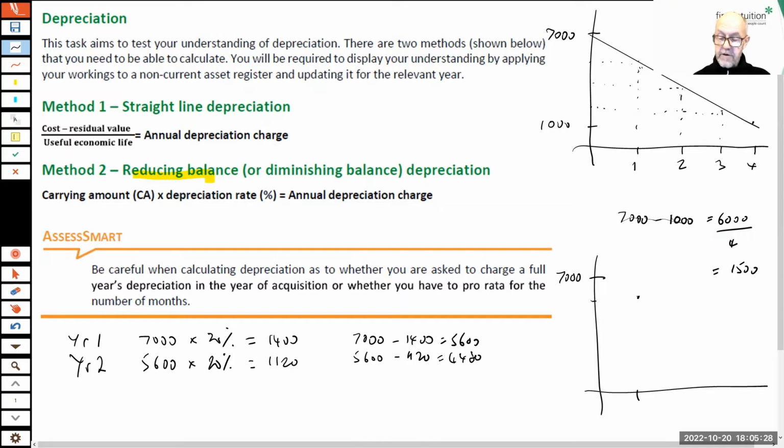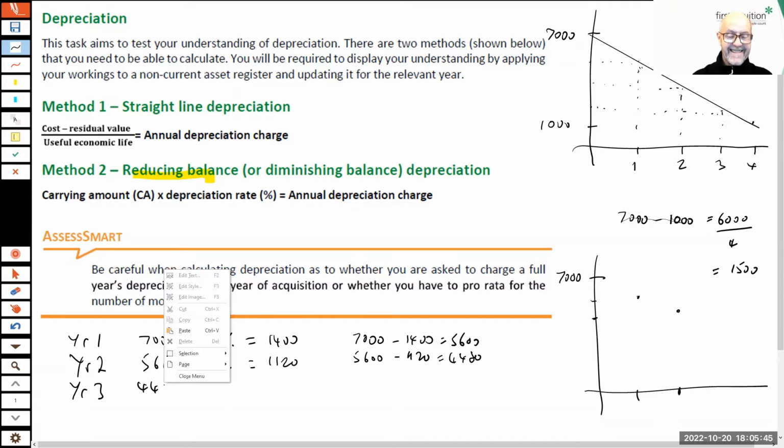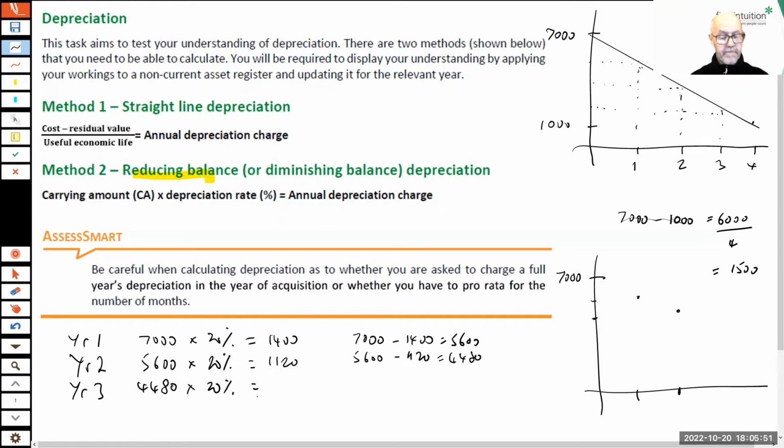So this year it's gone down in value again, but not as much. We'll just do year 3. 4,480 times 20%, 896.